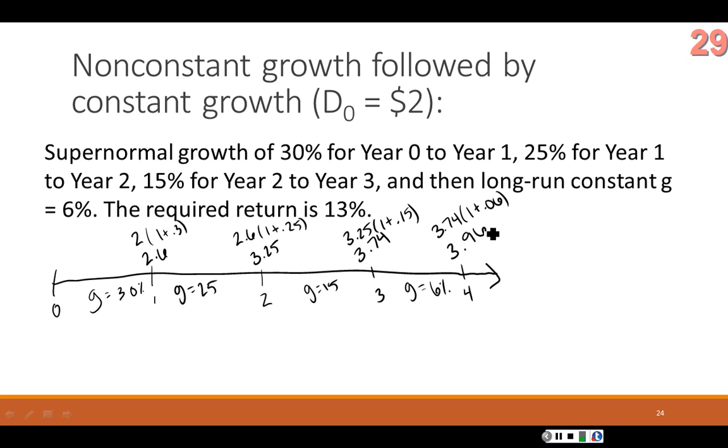So the first step is to calculate the intrinsic value of the stock at time period 3. We do this because at time period 3, we can use the constant growth rate model.